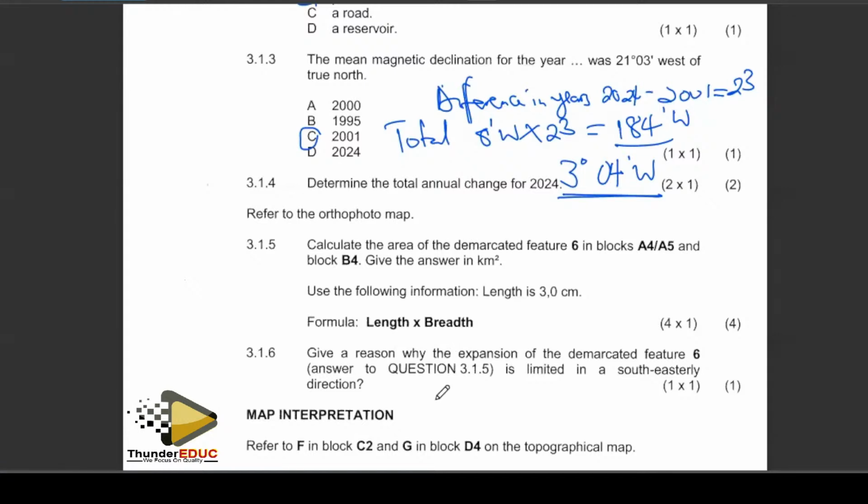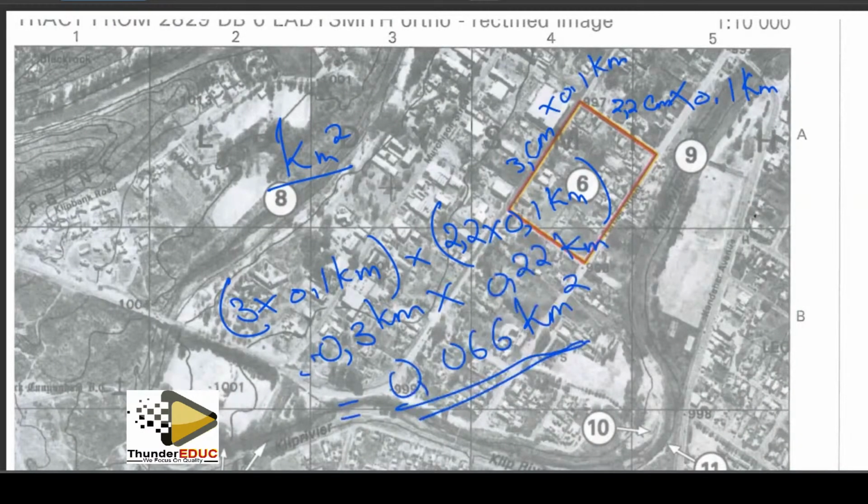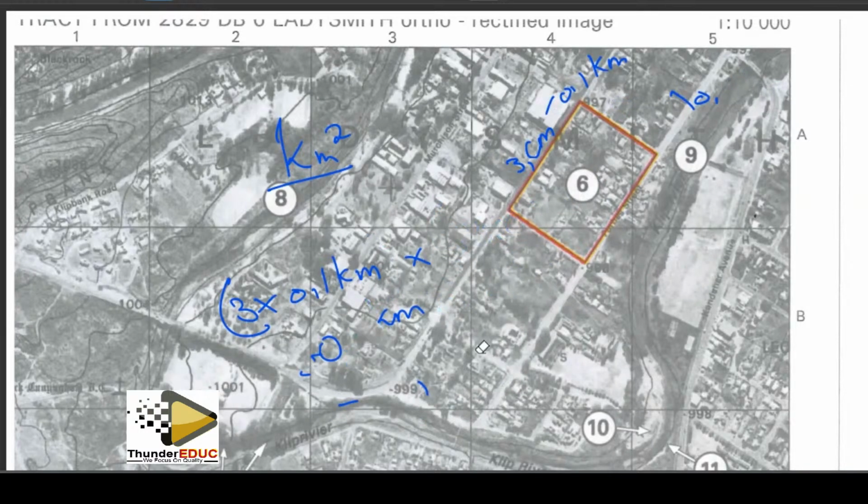Give a reason why the expansion of the demarcated feature 6 is limited in a southeasterly direction. Let's go back to our map and see where our southeasterly direction is and why it is practically impossible for that feature to expand. If we are on feature number 6 and we want to figure out where our southeasterly direction is, we basically give the compass directions from 6.